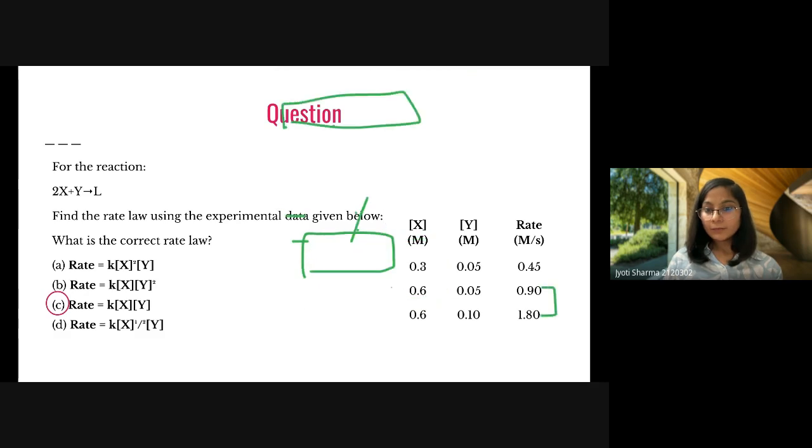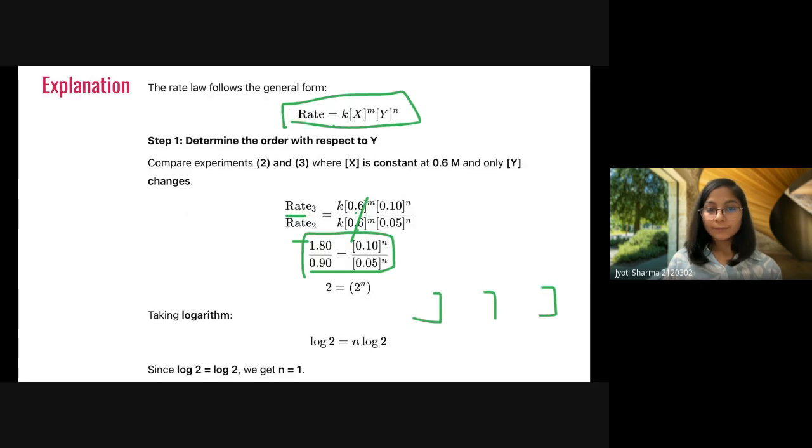So from here what we will get is 2 is equal to 2^n, so n will be 1. We can also calculate it using log, but if 2 is equal to 2^n, it means n is equal to 1.